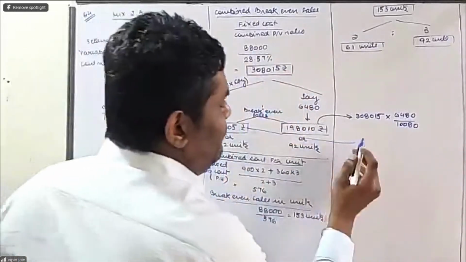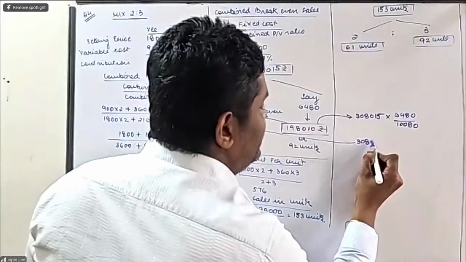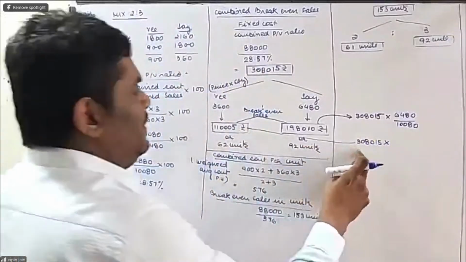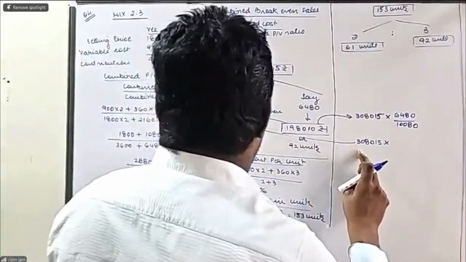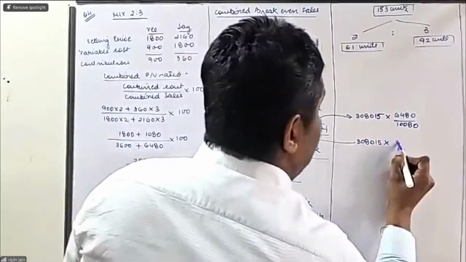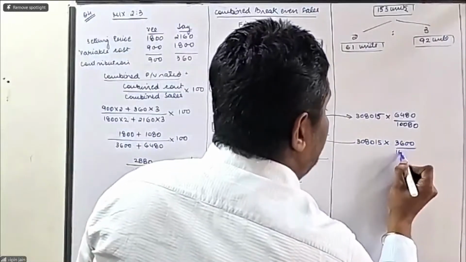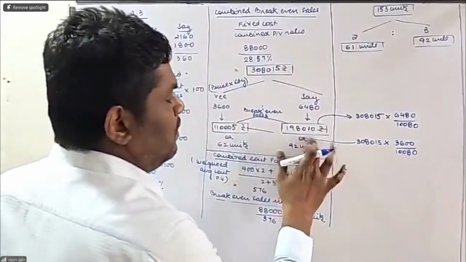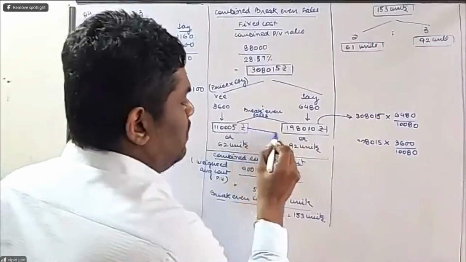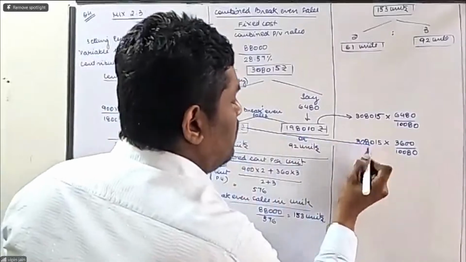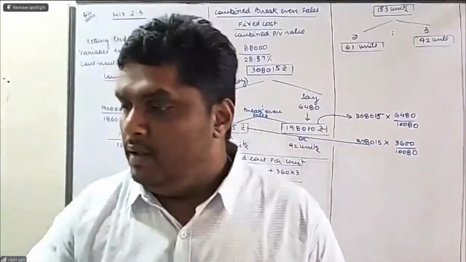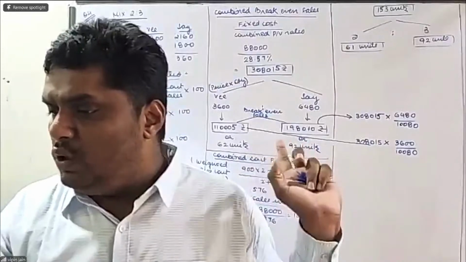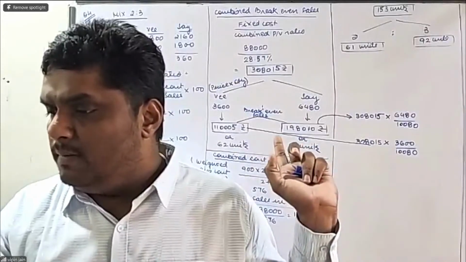For this, again, the same way, 308015 into 3600 divided by 10080. So first thing, Neeru, okay, Bhaskar, hopefully your query is resolved now. Neeru, hopefully your query is resolved.